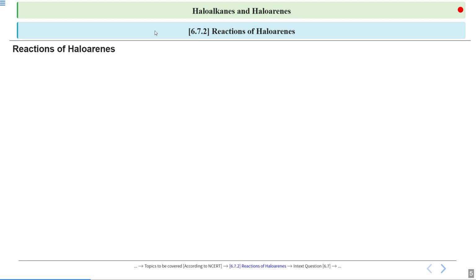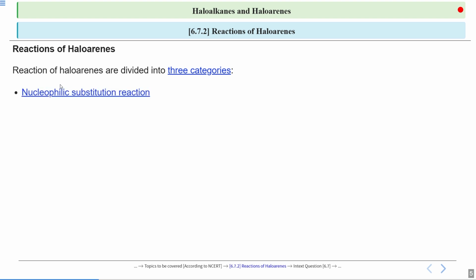Reactions of haloarenes. Haloarenes means aryl halides, a benzene ring attached to a halogen. The reactions of haloarenes are divided into three major categories. The first one is nucleophilic substitution reaction, where we use a nucleophile and the reaction occurs.